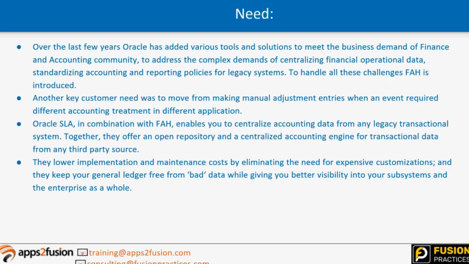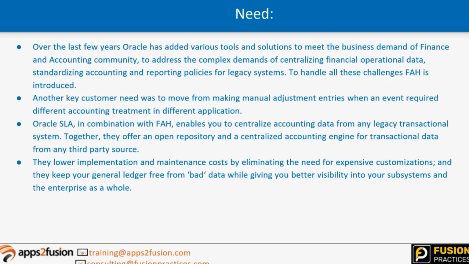When you're bringing it through FAH, you have Oracle SLA in combination with FAH that enables you to do centralized accounting of data from a legacy transactional system. It can be any system; you can leverage this SLA. So it's quite a powerful tool. It lowers your maintenance costs. These points are self-explanatory.